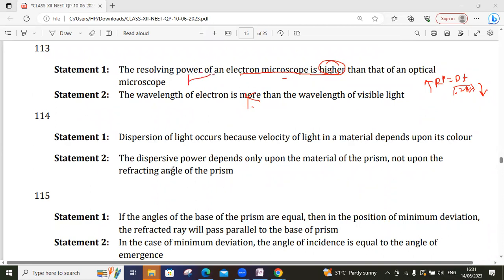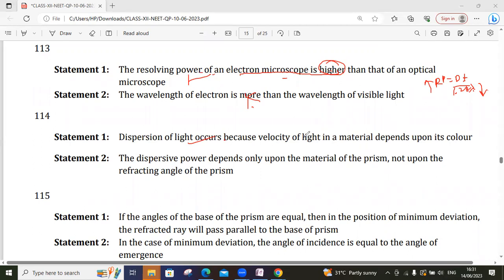Only the second statement is wrong. Then, dispersion of light occurs because the velocity of light in a material depends upon its color. Yes, this is correct, because velocity depends on wavelength, and wavelength depends on color. So indirectly, velocity depends on color.